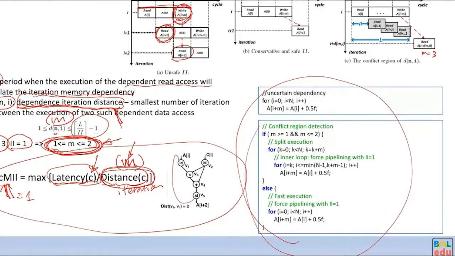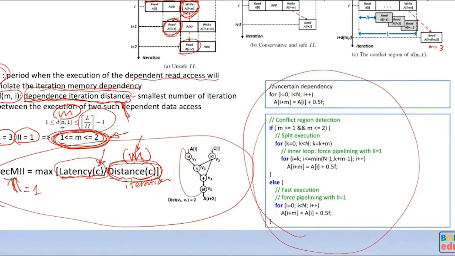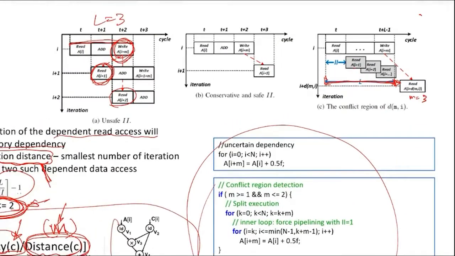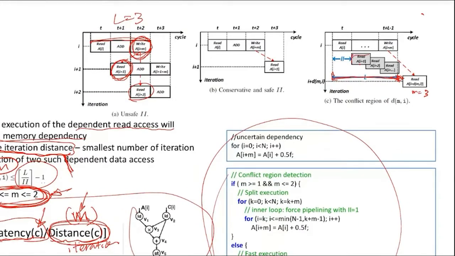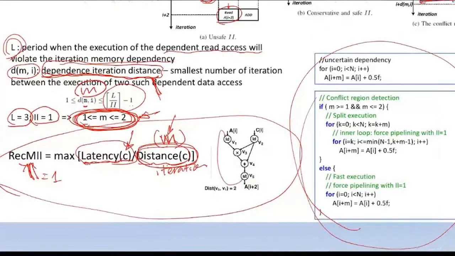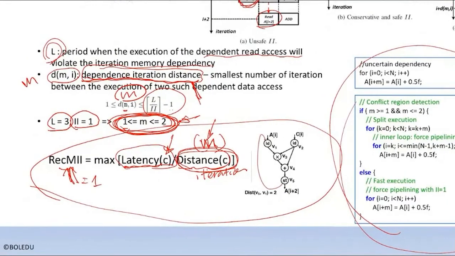During the conflict region, that is safe because the real value is not being used. So we already calculated that M is between 1 and 2.